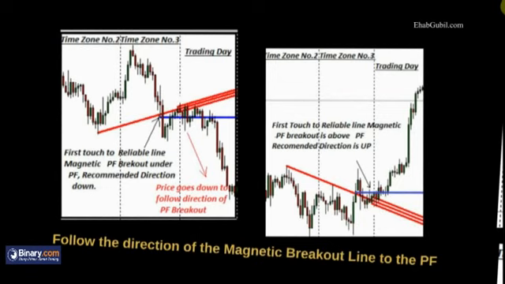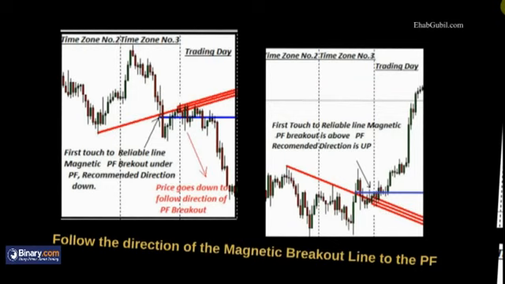Since it's a magnetic tool that attracts the price back to it, we will take the direction of its position relative to the PF, as it will attract the price to it. It means when the magnetic PF breakout position is under the PF, we will take the direction of the price as down to this breakout, and vice versa.